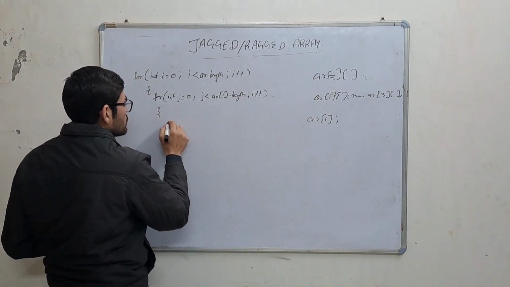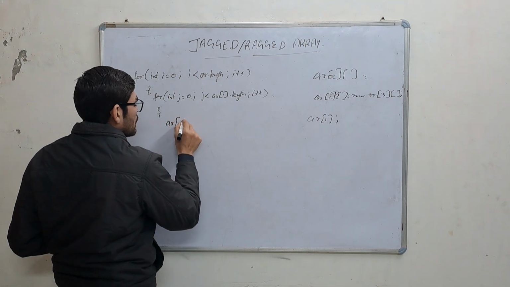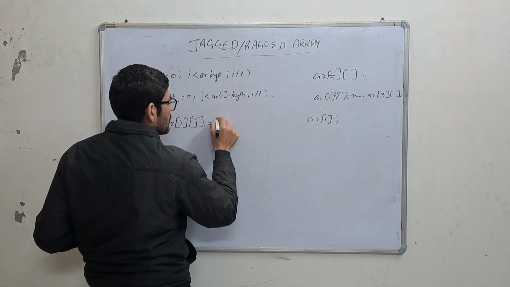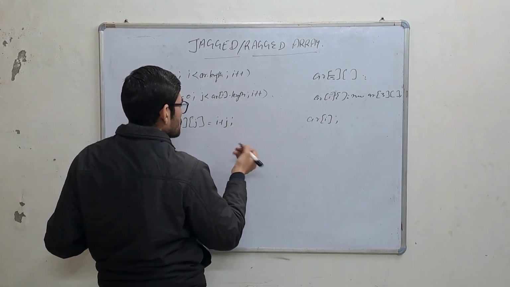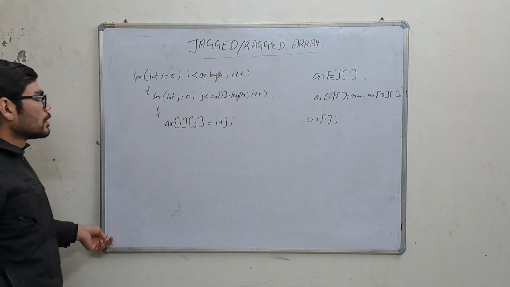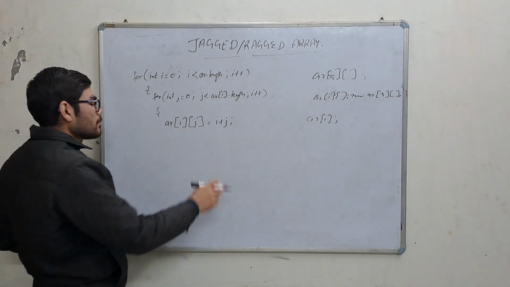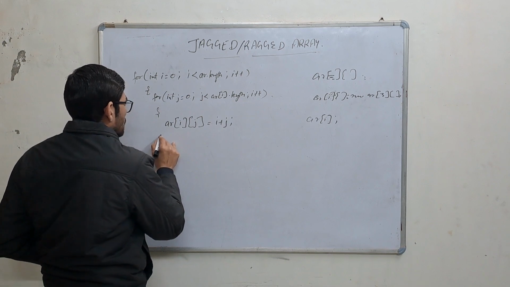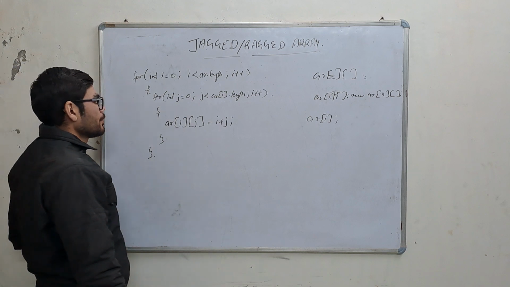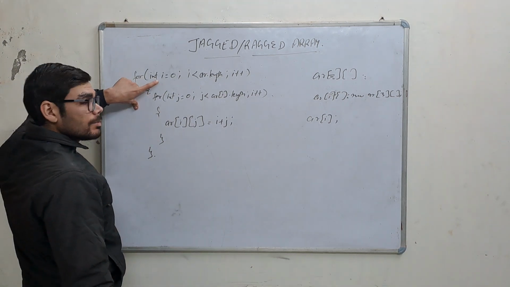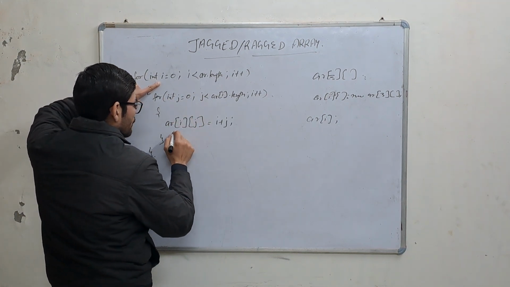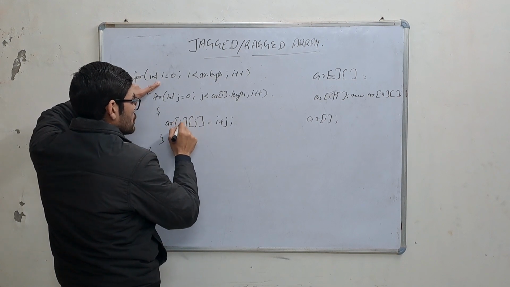So assign the values AR[i][j] equals, we can take any values. For this example, we are assigning the values starting from 0. This is a basic example, so we can take any values. Whenever i will be 0, then it will be AR[0][j].